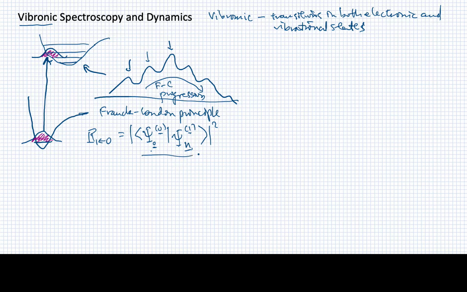All right, so this is the Franck-Condon factor that tells us about the relative intensities of these various transitions that one might make. So it would tell us about the relative heights of these peaks in this progression. Okay, so this was the diatomic case.